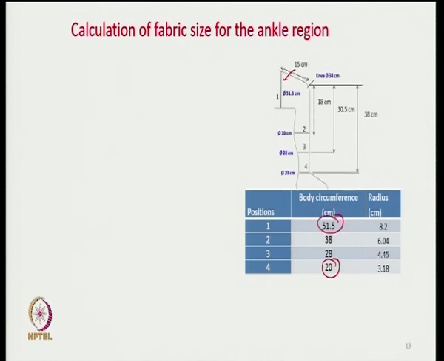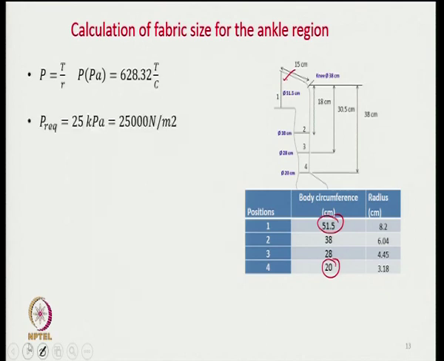I can take 4 readings, and one can take 5 or 6 readings; it is up to the individual who is designing it. We have just taken 4 readings here, but there is no harm in taking more readings.